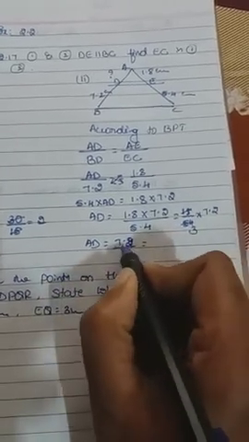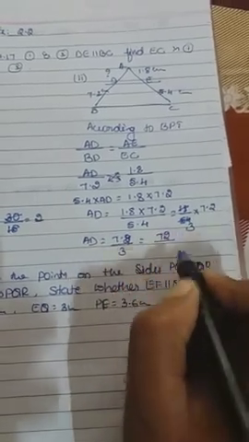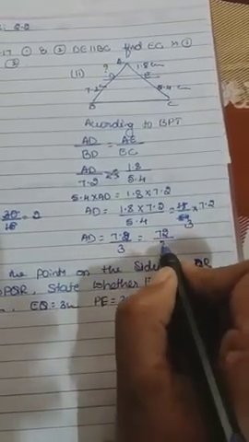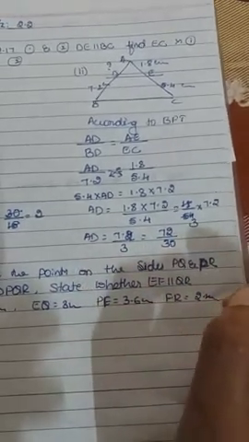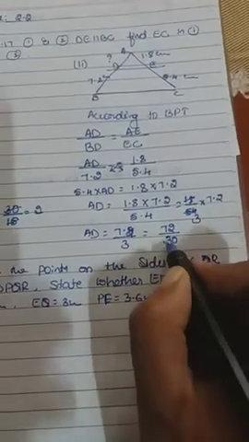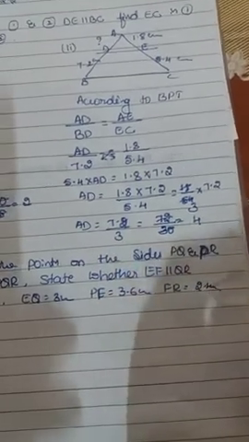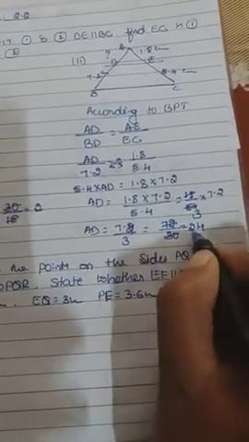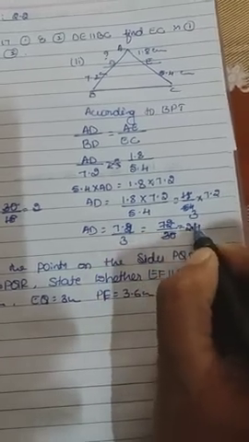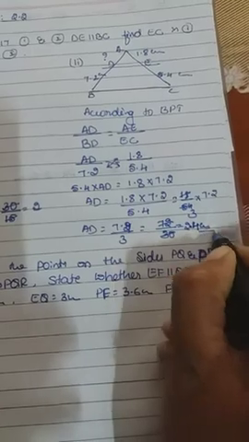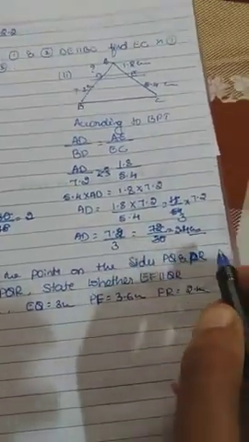Here the decimal is in the numerator, so we should cancel the decimals. 72 divided by 3, point after one number is there, so put 10 in the denominator. So that becomes 72 divided by 30, which is 2.4 centimeter. This is the answer.